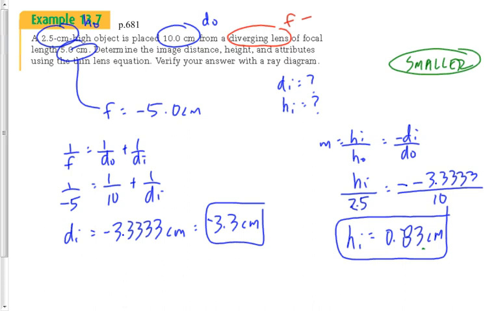What else do we know? Is it going to be right side up or upside down? Well, the image height is positive, so that tells me it's going to be upright. And finally, real or virtual? Somebody tell me, real or virtual? Virtual, how do you know that?